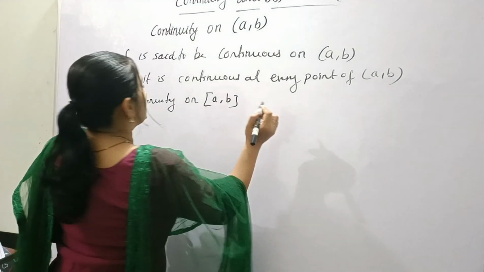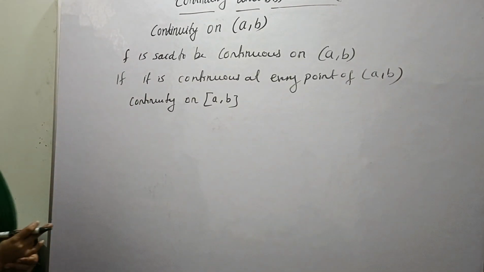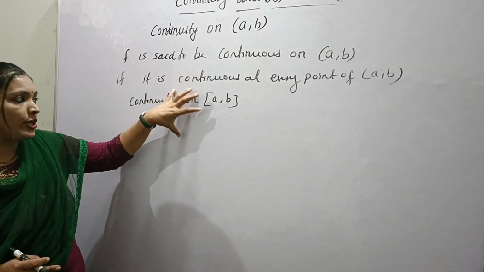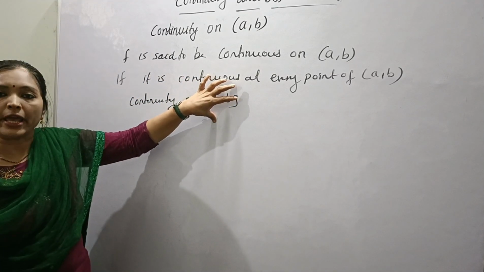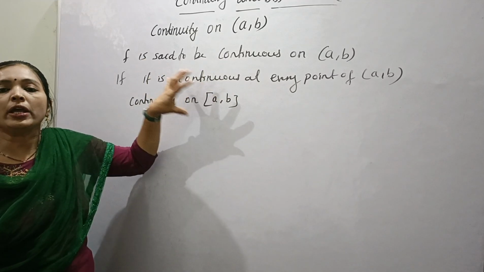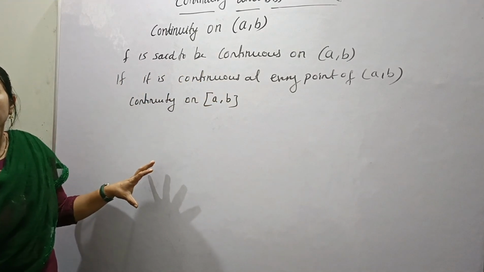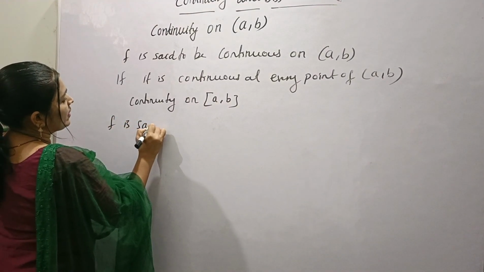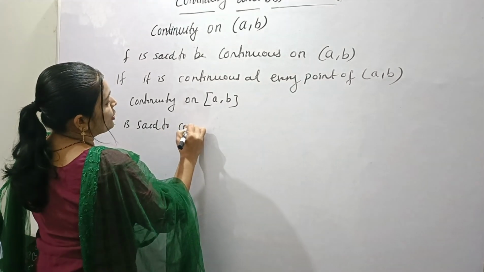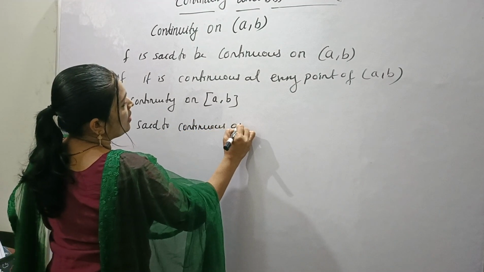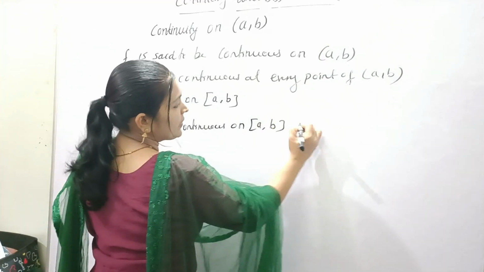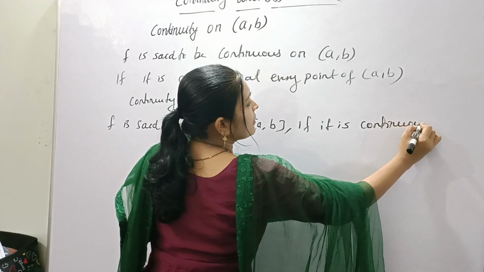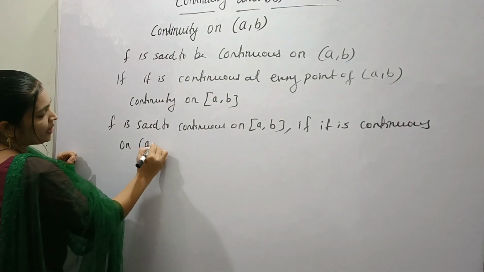So what about continuity on closed interval AB? A function f is said to be continuous on a closed interval AB if it is continuous on open interval AB, and I will write, f is said to be continuous on closed interval AB if it is continuous on open interval AB.